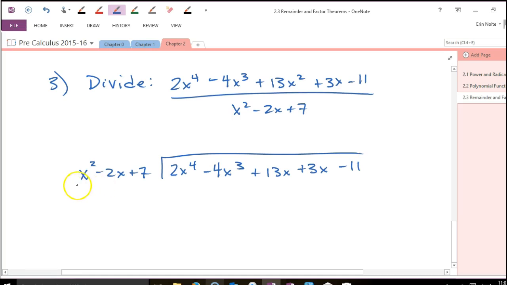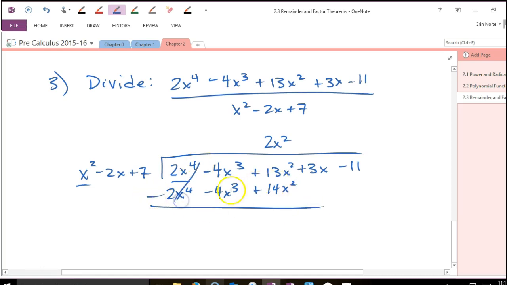Okay, so to get from x squared to 2x to the 4th, I would need 2x squared. Multiply that through. 2x squared times x squared is 2x to the 4th. 2x squared times negative 2x is negative 4x cubed. 2x squared times 7 is 14x squared. Oops, sorry, I missed a term there. If I subtract, that goes away.